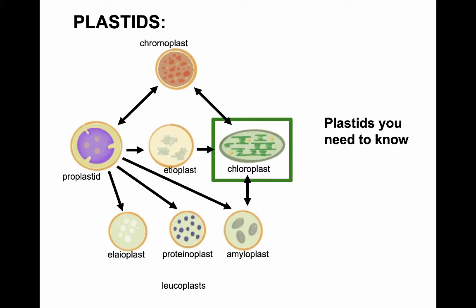And so we get this chloroplast, which is our photosynthetic plastid. We also get the chromoplast, which contains things like carotenoids and xanthophylls, pigments that are important for fruit ripening, for petal colors in flowers, also for UV protection.